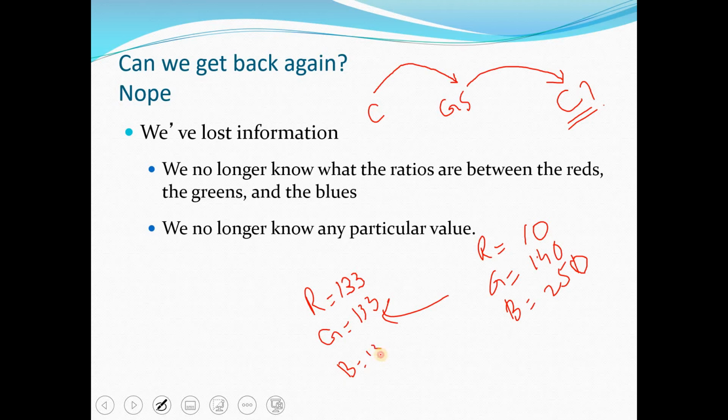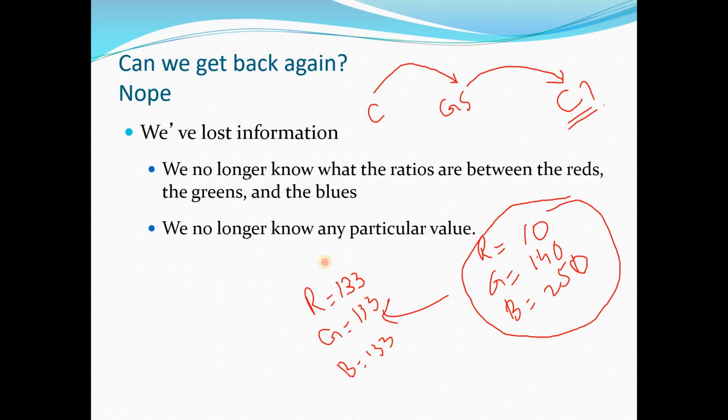Okay, so when you converted this color image pixel into a grayscale pixel, you have permanently changed the old values to these new values. So 10 is gone, and now the new value of red for this pixel is 133.